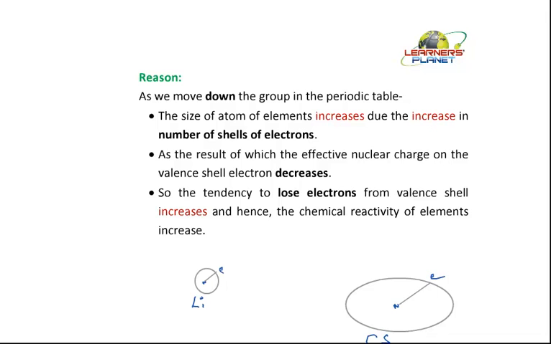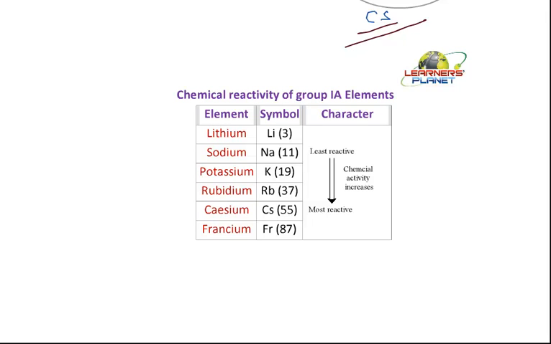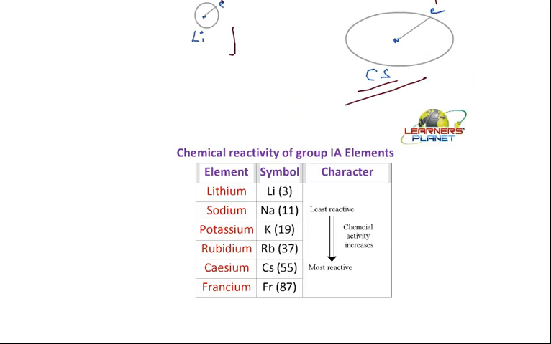This electron has to be lost here, and this electron has to be lost here. Which will be lost faster? Cesium. Why? Because the force of attraction is less in cesium and it is very high in lithium. So it will lose its electron easily, form an electropositive ion and become more reactive.